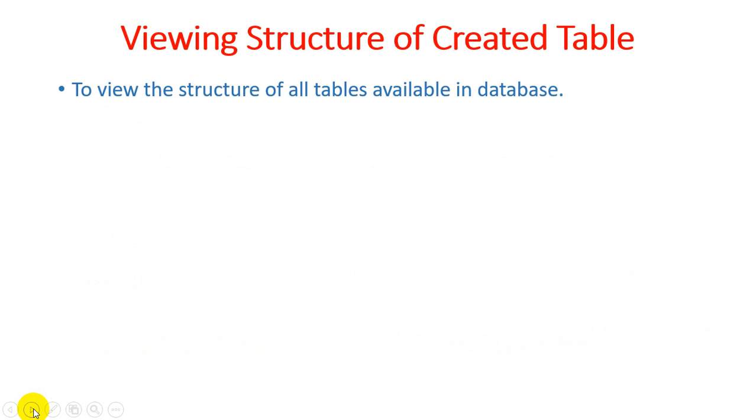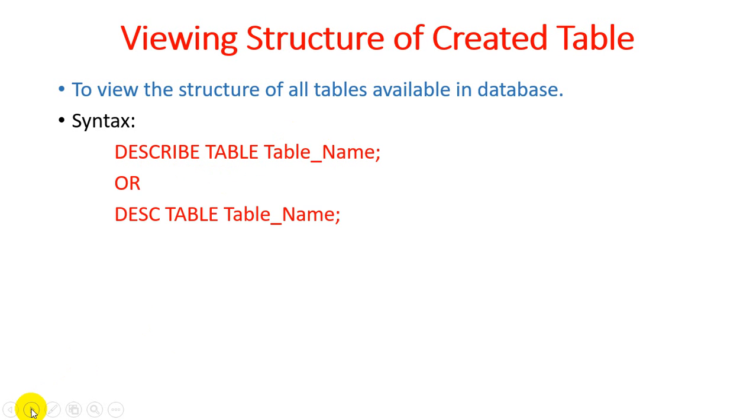To view the structures of the tables available in a database, we will go with the describe table name. Previously we discussed this. Describe table is the keyword, and you can see a particular table structure. You just mention the table name with describe, or DESC table name.